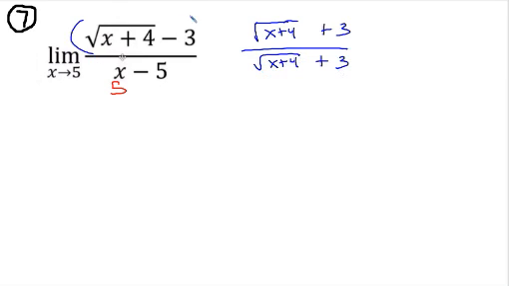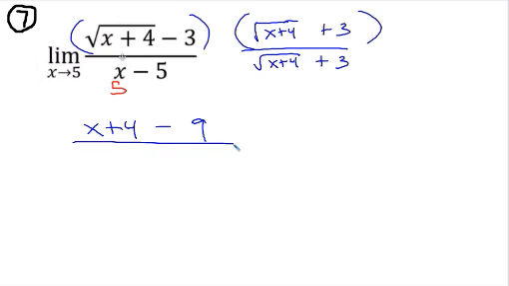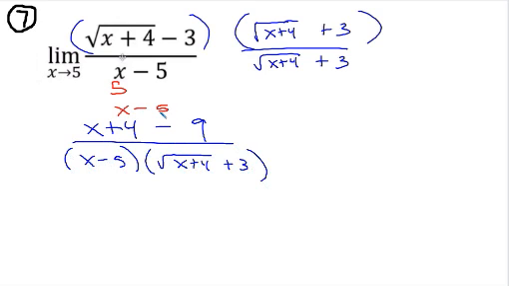So look what happens on top. On top, I have a difference of 2 squares. So that becomes x plus 4 minus 9. The square root of x plus 4 times the square root of x plus 4 is just x plus 4. And I have that all over x minus 5 times the square root of x plus 4 plus 3. Now I think you can see, yay for us, that's x minus 5.